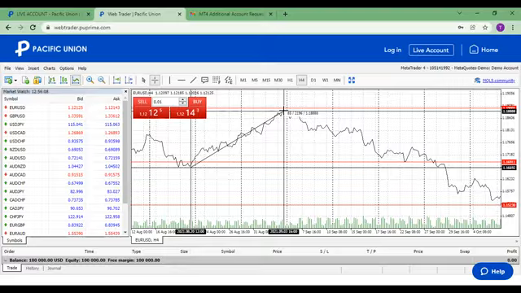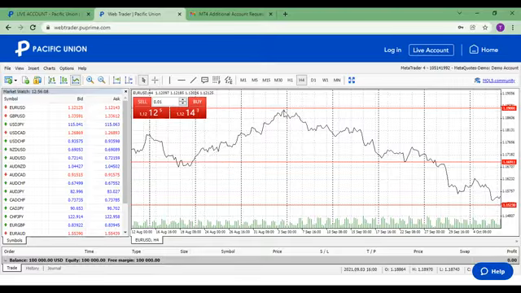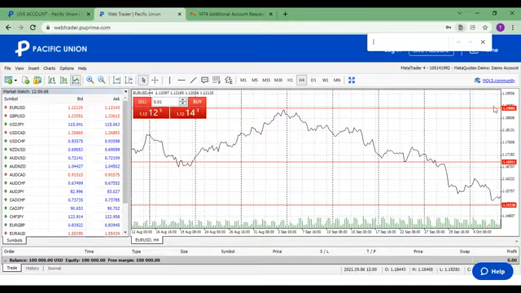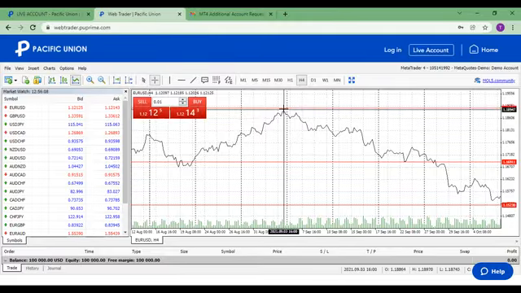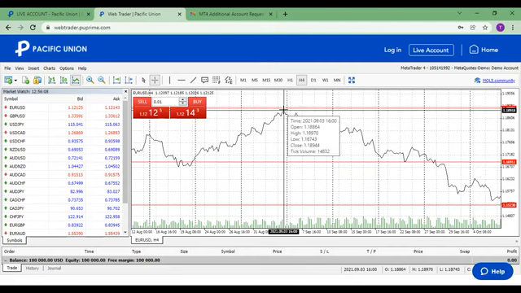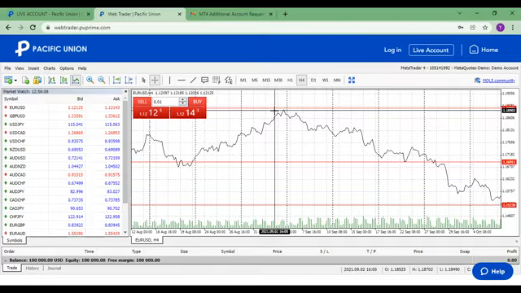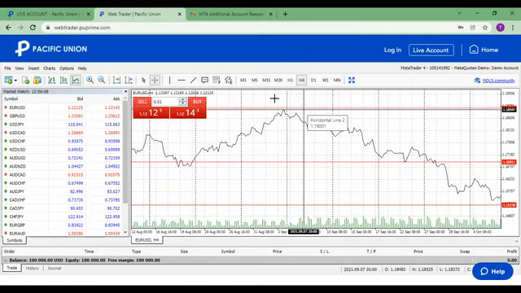For one reason or the other, you just open your chart and lo and behold, you are in these highs, at this top. What support and resistance would help you do is to refrain from buying here, because earlier on price respected that zone.